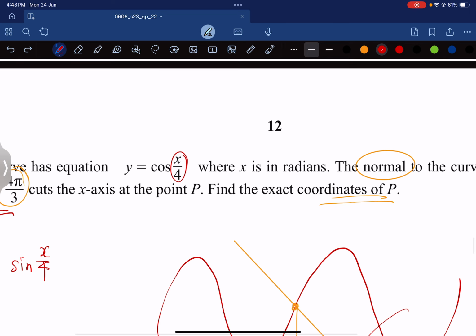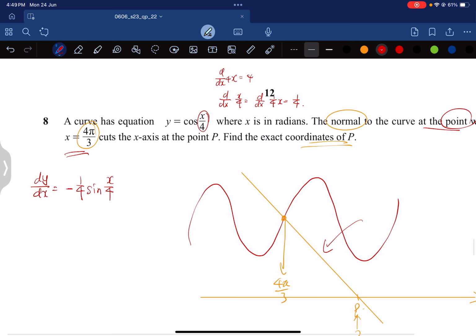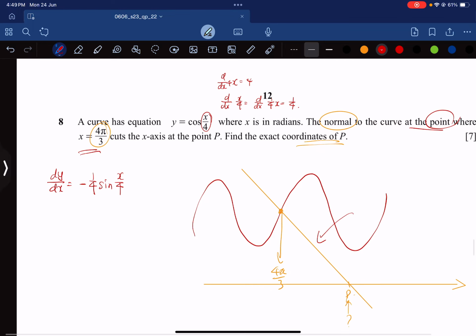Differentiate 4x is 4, yes, but differentiate x over 4 is 1 over 4. So we need to multiply an additional 1 over 4.